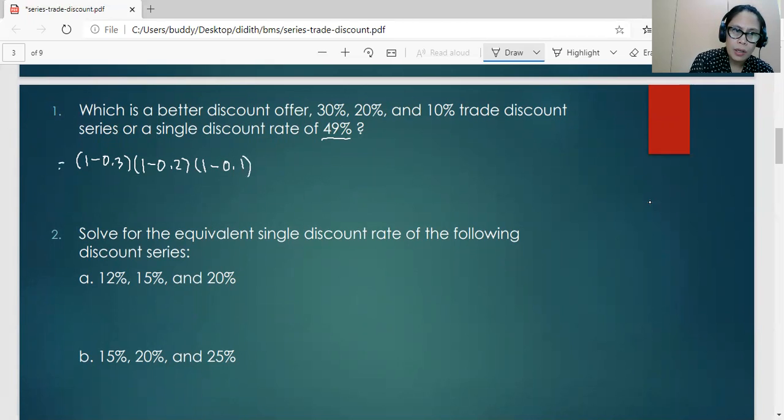So you multiply 0.7, 0.8, and 0.9. Okay. So we have 0.7 times 0.8 times 0.9, so we have 0.504. And then subtract the product from 1.